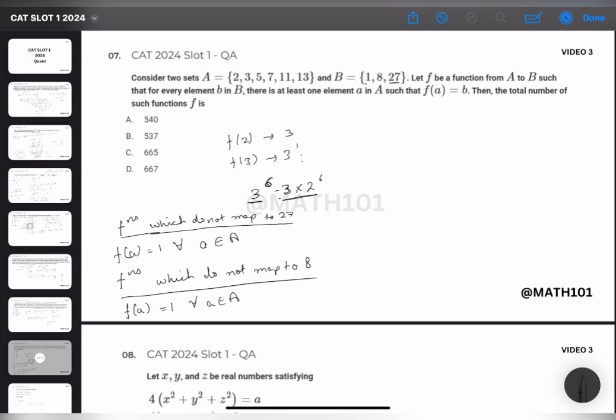Because this function also satisfies this property. So when we subtracted, what we have done is, out of the total number of functions, we have counted the same function twice here. Which kind of functions? Which map every value to the same element. So thus we have to add these 3 functions which are the constant functions which map every element to 1, 8 and 27 respectively.